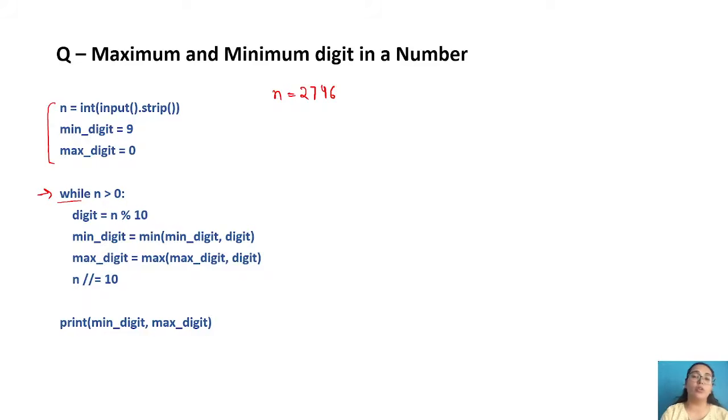Now in every loop, I am using two operators. One is this modulo operator to access the digit, and second is this floor division. Why are we doing floor division? Because, for example, I have already accessed this 6 and checked whatever I wanted to check, and updated the minimum and maximum digits.